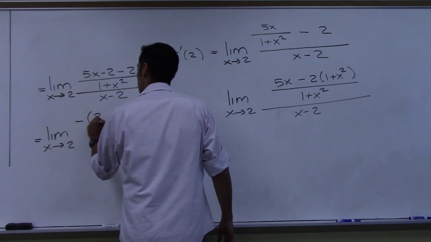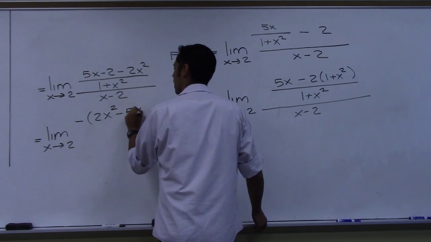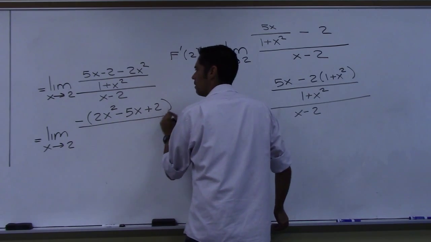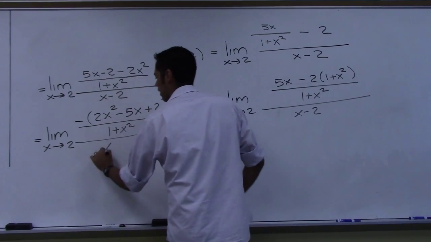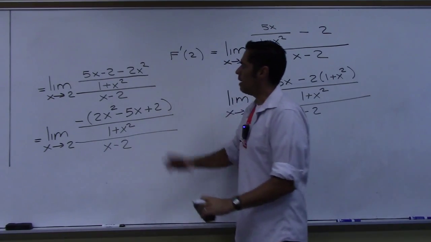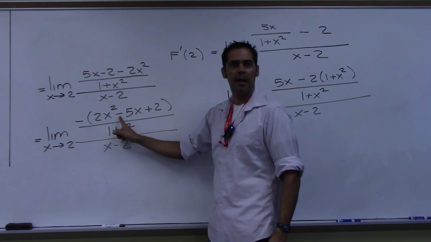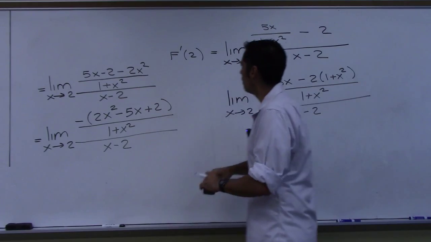Negative 2x squared minus 5x plus 2 over 1 plus x squared over x minus 2. So I pulled a negative out of the top because I prefer to factor something like that. I just changed the signs of everything, just put that negative out front.